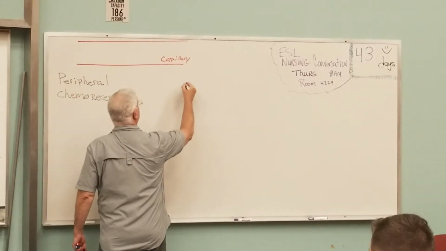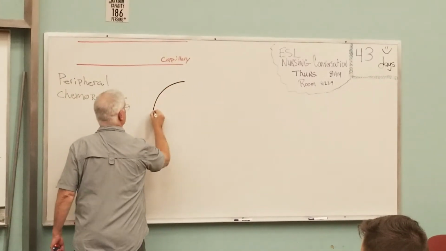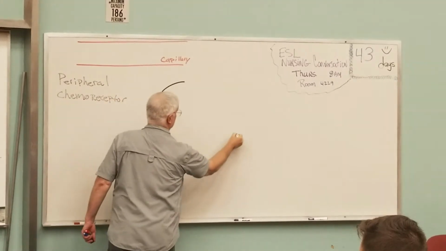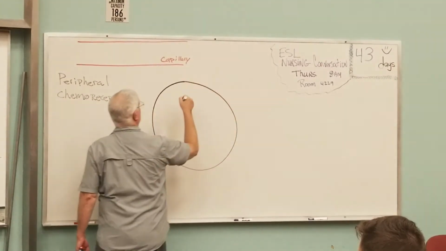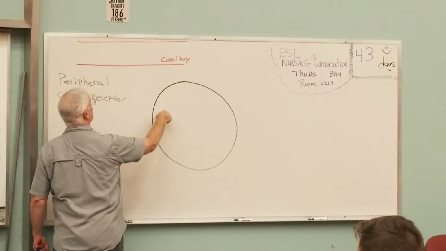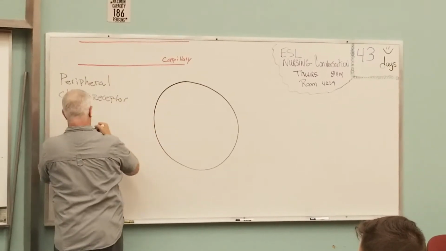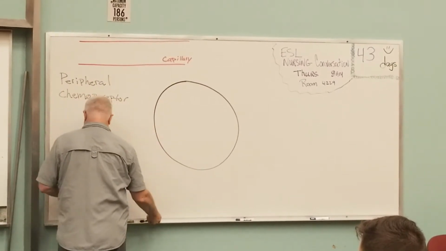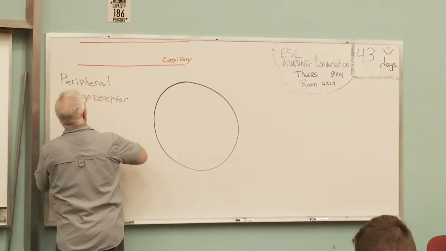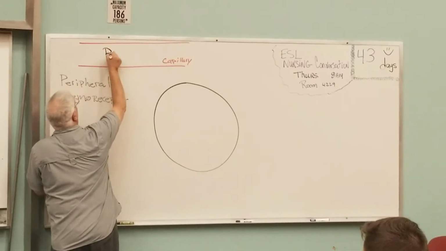All right, let's try this. So this is a peripheral chemoreceptor. You have O2, VO2 in the blood.